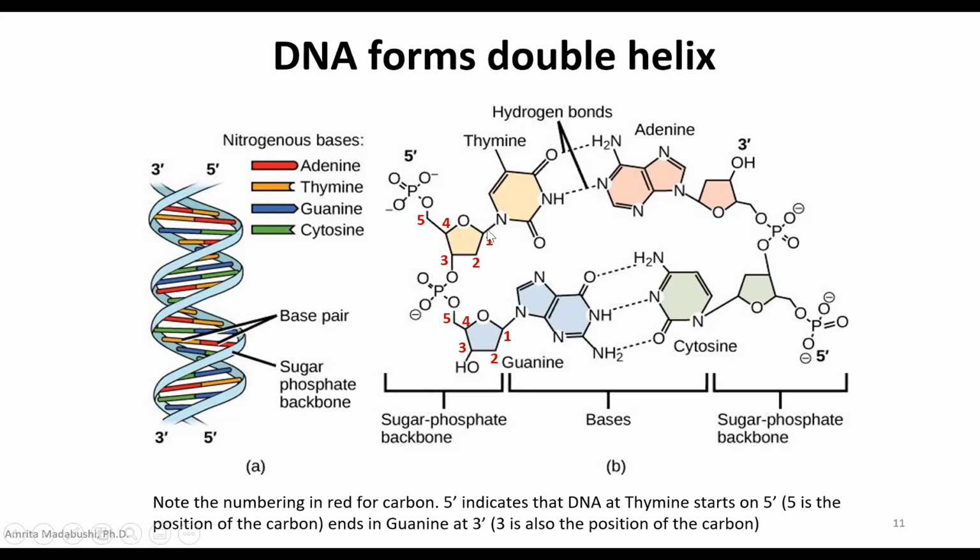So the way to do it is you start naming the carbohydrate right from the anomeric carbon. You all know what an anomeric carbon is. It doesn't have to be the anomeric carbon, but that position. One, in this case, it's not anomeric because it's actually attached to nitrogen, but you start here: 1, 2, 3, 4, 5. And so this is the 5' end, and then this is 3, so that is 3'.